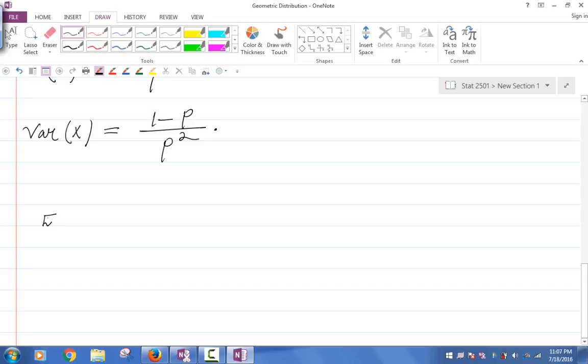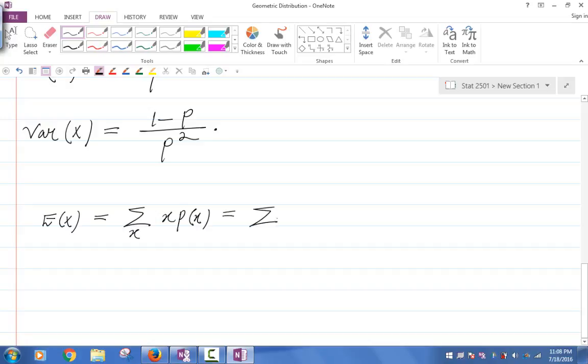The expectation of X, by definition, is the sum over all values of x, x times p of x.